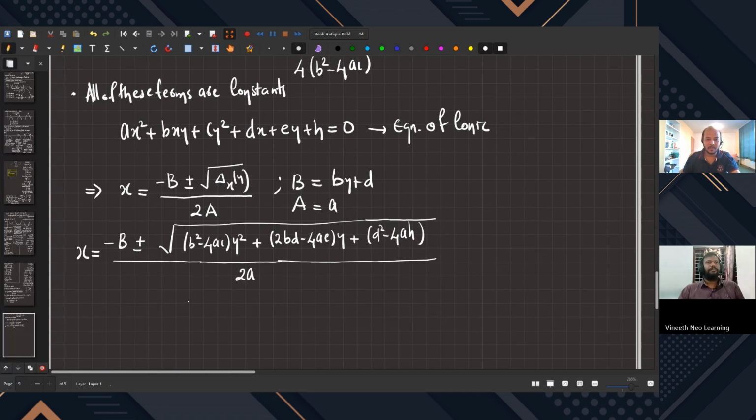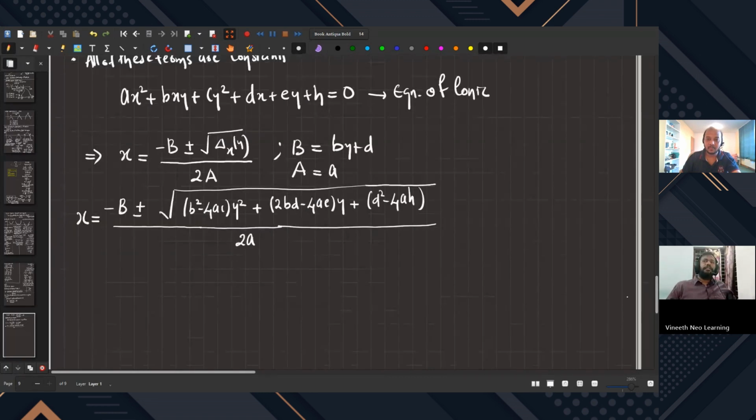Let me write it here also. So x is negative b plus or minus the root of (b squared minus 4ac) times y squared plus (2bd minus 4ae) times y plus d squared minus 4ah, all raised to 1 over 2, the whole divided by 2a.